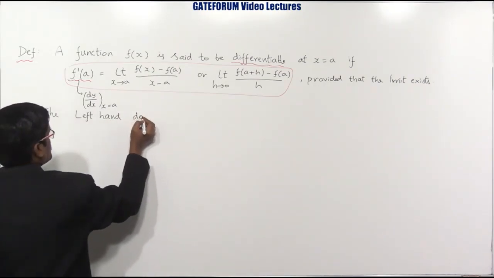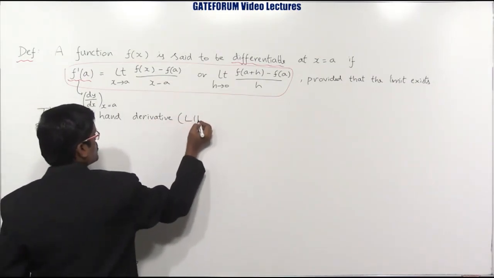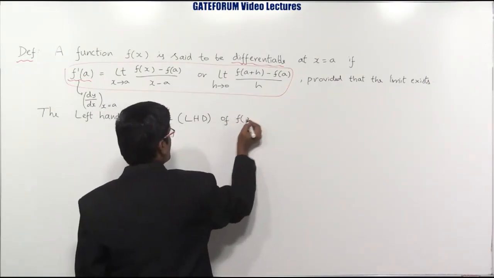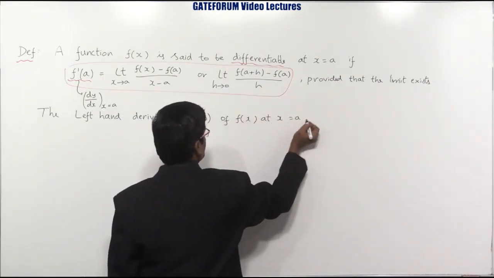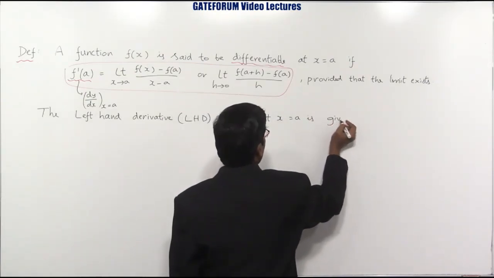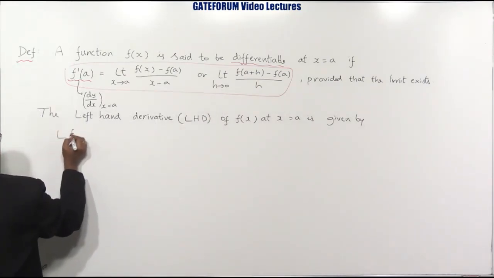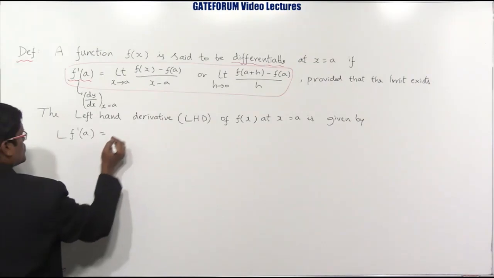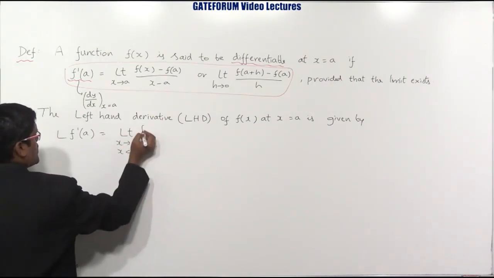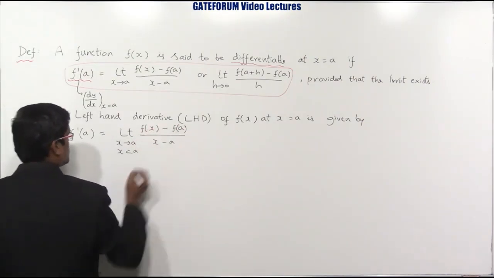The left hand derivative, abbreviated as LHD, of f of x at x is equal to a is given by L f dash a is equal to limit x tends to a, x less than a, f of x minus f of a by x minus a.